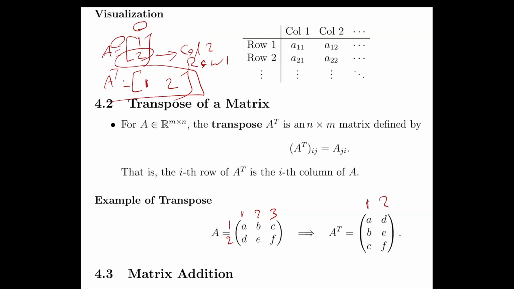You had 3 columns. Now for the transpose, you should have 3 rows. And you have to switch the column and row in the transpose. So if you had row 1 and column 1, you will have row 1 and column 1. But if you had row 1 and column 2, in the transpose you should have row 2 and column 1. So then B, from there it comes here.